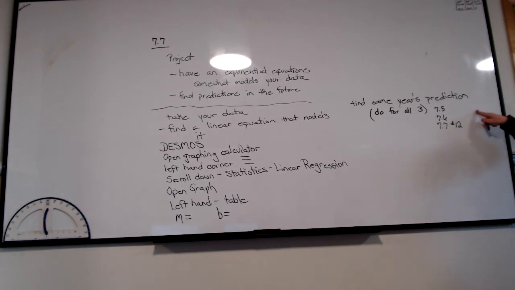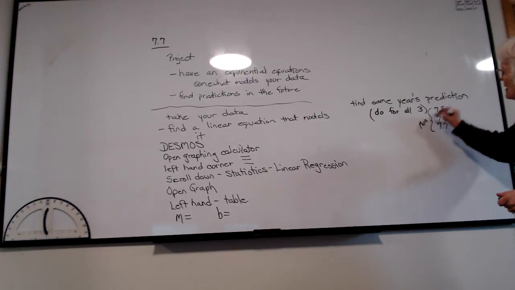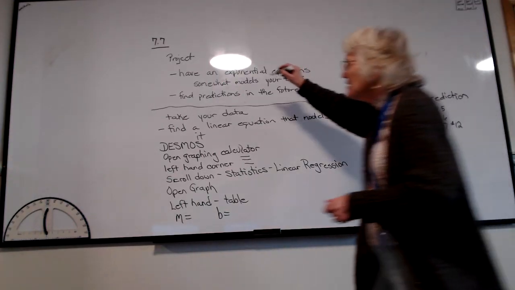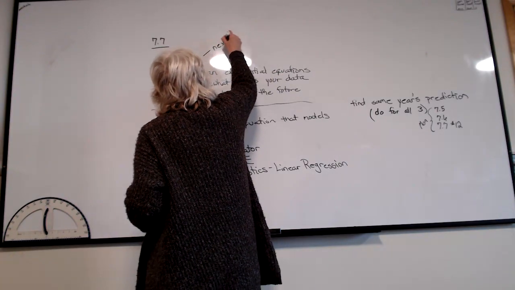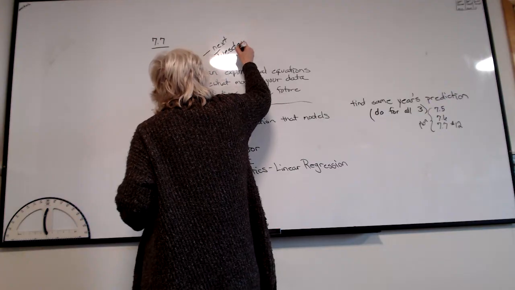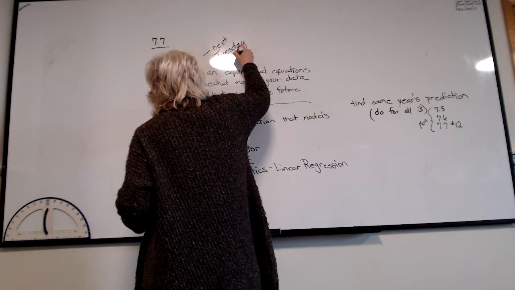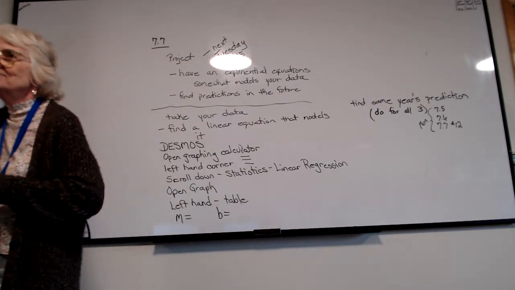The project will be due next Tuesday. This number 12 will be Monday like normal. So these are due Monday, and the project will now be due next Tuesday, a week from today. What is today, the 18th, so that must be March 25th, it will be due.